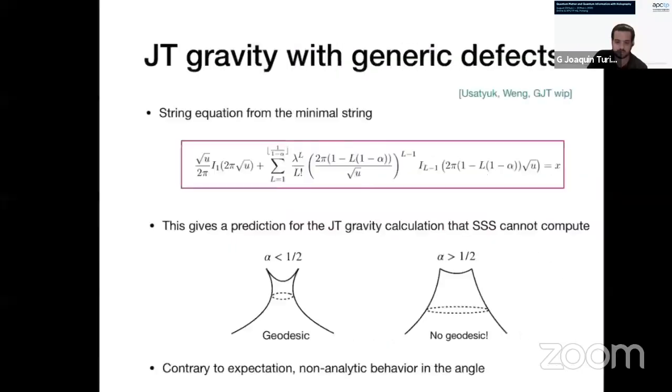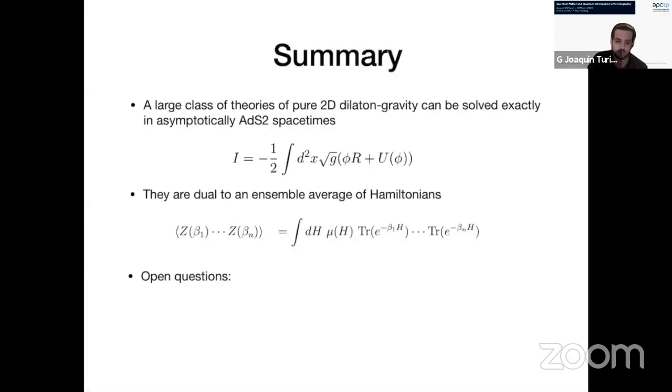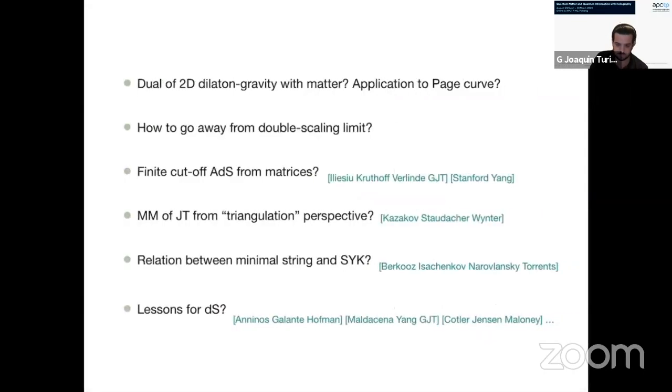Okay, so that's all. I have a little calculation here, but I will skip it. As a summary, a lot of theories of this form are dual to matrix integrals in this way. And these are some open questions, but I will skip them because of time.